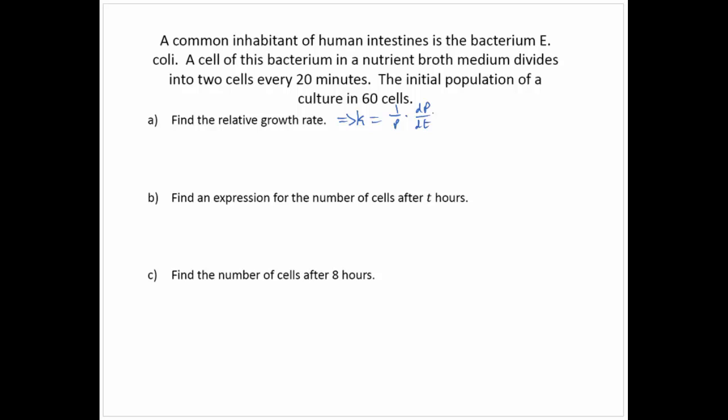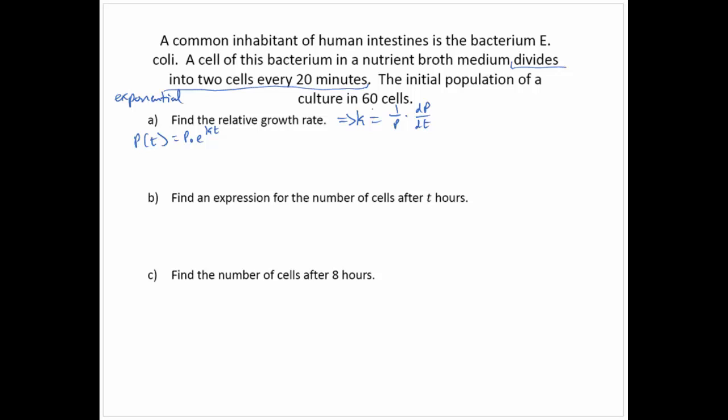Well, when we see this sort of situation where one cell divides into some number of cells every certain amount of time, that's an exponential model. So I can start off by saying, well, I know that P of t is P naught e to the kt. Basically all I need to do is figure out the k for this situation.